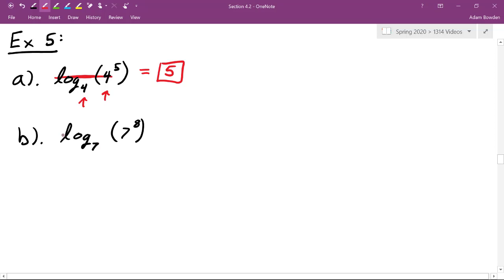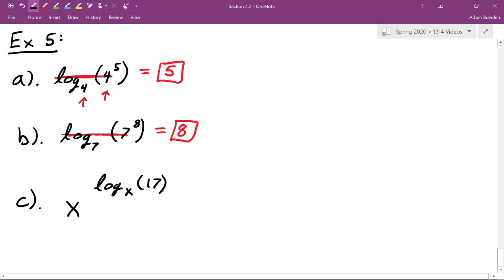Indeed, same idea from up above. These will go away, leaving us with just 8. And then we might see situations where we had x raised to the log base x of 17. So since this is an x and it's above another base of x, those two will cross out, leaving us with just the 17.